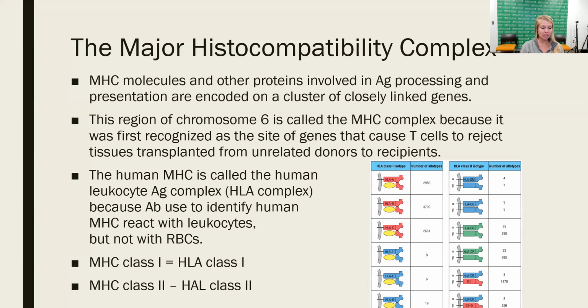These MHC molecules were found on tissue cells. This is what makes a tissue self, and this is what makes a donated tissue non-self, because these proteins are different. But these were also looked at on the white blood cells, and because they were proteins associated with white blood cells, they were called the human leukocyte antigens, HLAs.